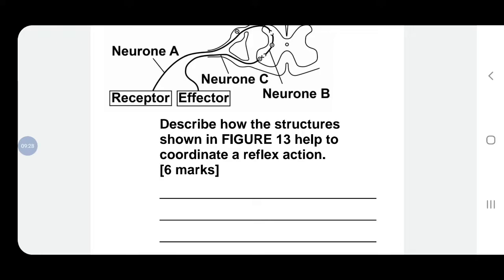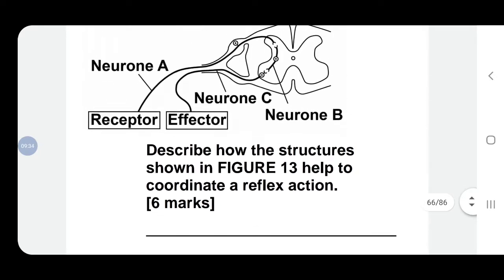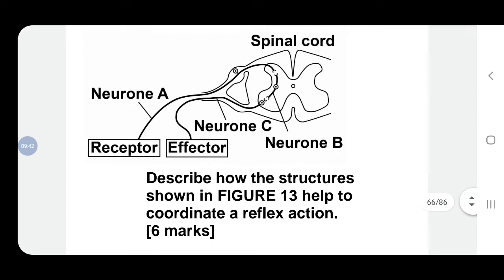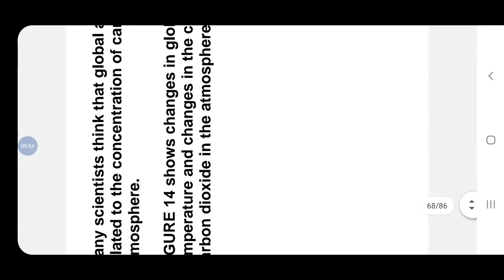And you also write sensory neurons A and B, relay neurons C, here is C a motor neuron. All right, so effector carries out a response. And the muscles of the arm or leg contract, so muscles contract and glands secrete chemicals. All right, so lots of options, you just write like that.